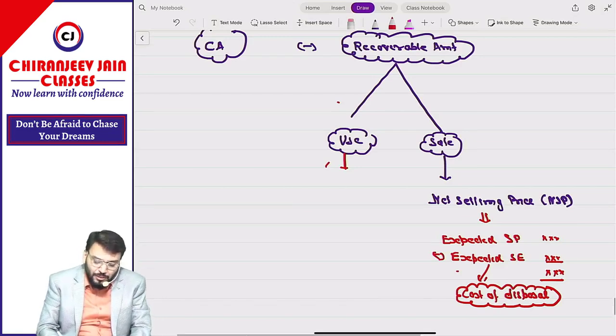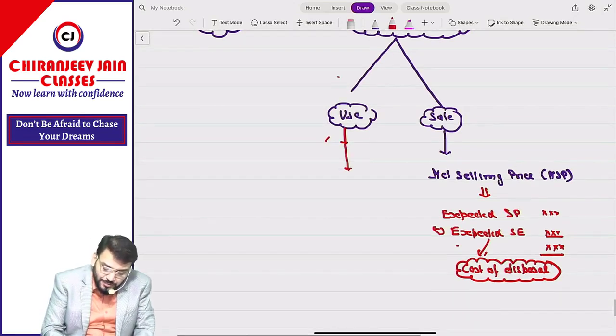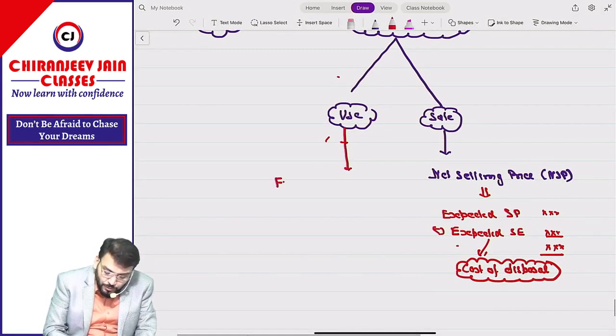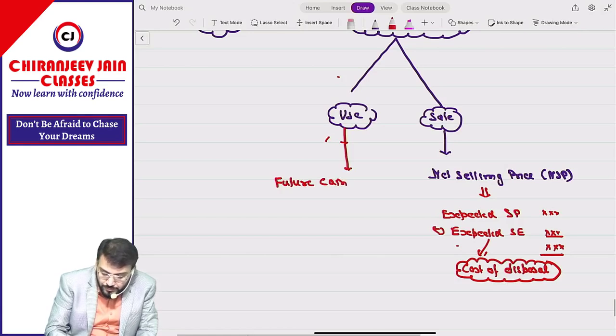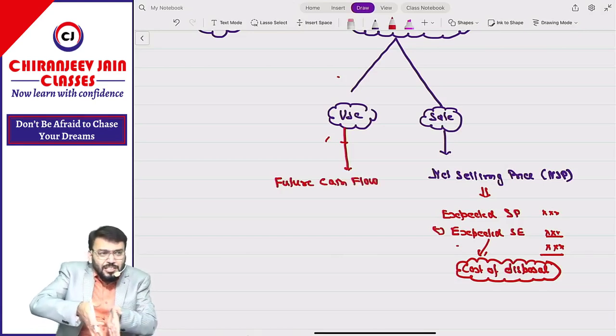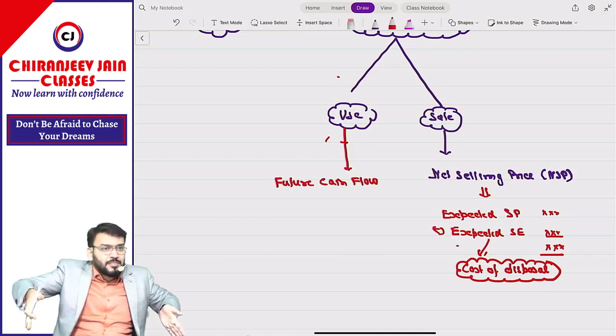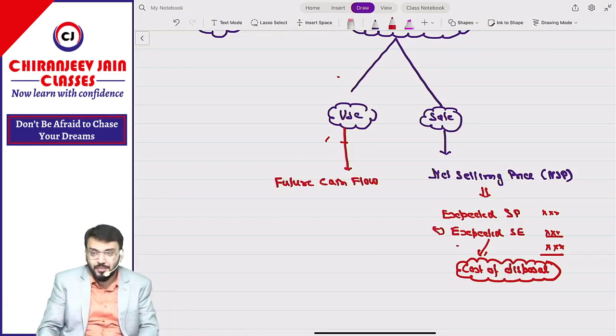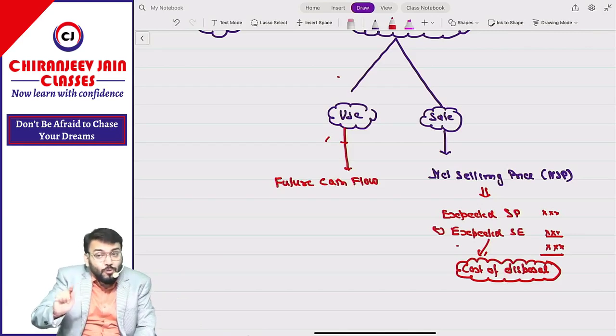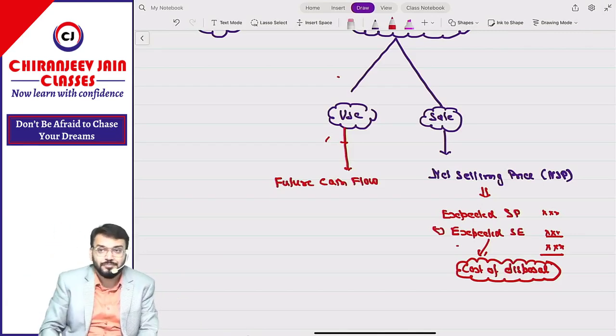So what they want to say is, when you use it, you will generate some future cash flow during the continuing use of the asset, means during its useful life. So future cash flow over its useful life of the asset.